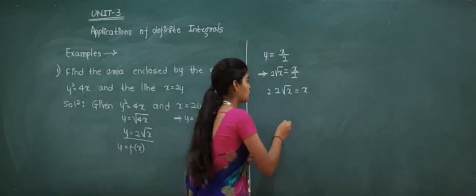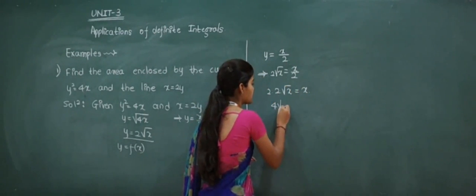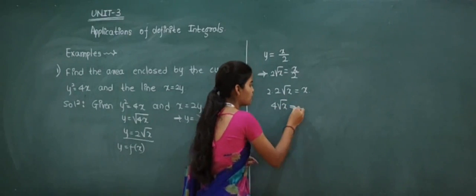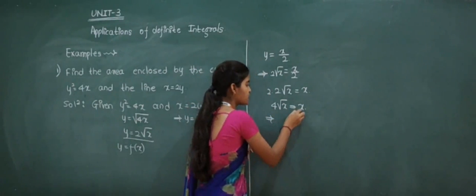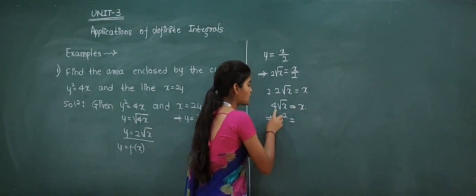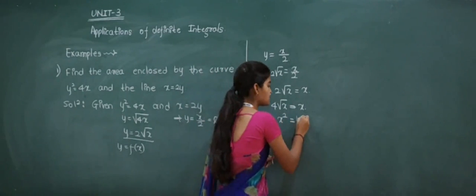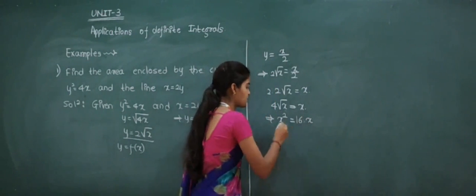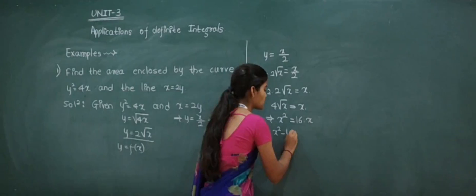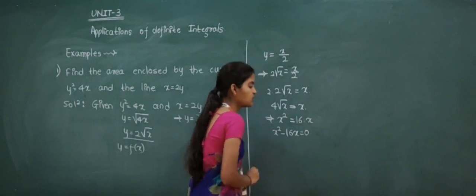Now take square on both sides, that is 2 into 2 is 4 and it is root x. Taking square, x square is equal to square of 4 is 16 and the square of root x is x. That is nothing but x square minus 16x is equal to 0.